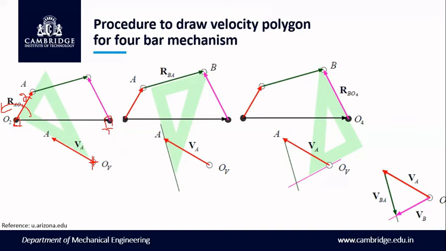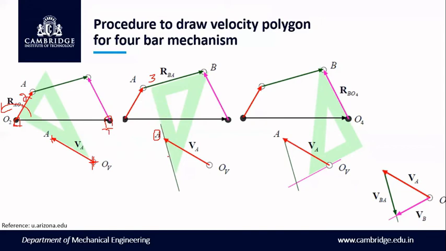Further, now continue drawing the velocity polygon. We stop at this point, point A. We know the magnitude and direction of this vector. Shift the set square in such a way that one edge of the set square touches link number 3 and draw a perpendicular line, such that the line starts from point A, where we stopped in the previous step.